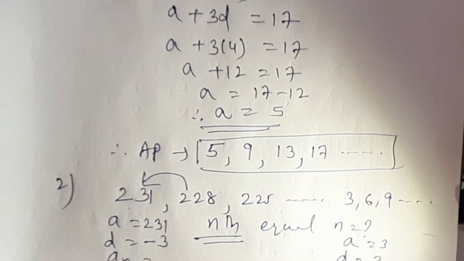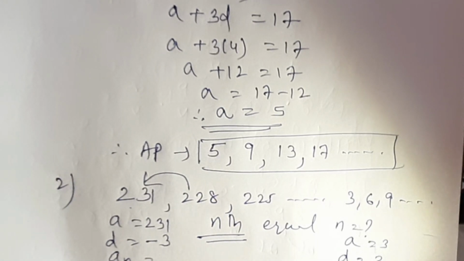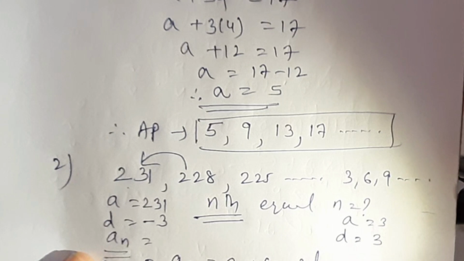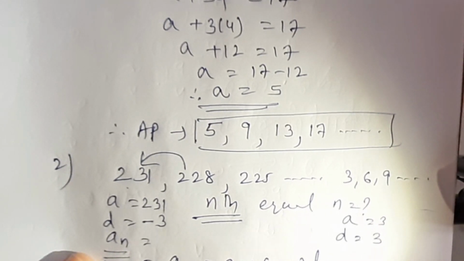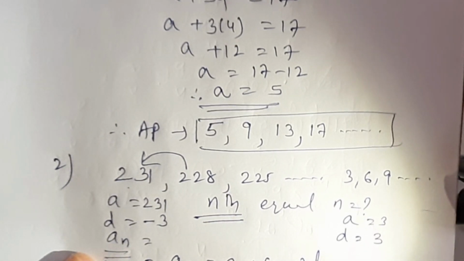For case 1, an is A plus n minus 1 times D, where A is 231, plus n minus 1, D is minus 3. So thus it is 231 minus 3n plus 3, where I multiplied both. Thus it is 234 minus 3n.